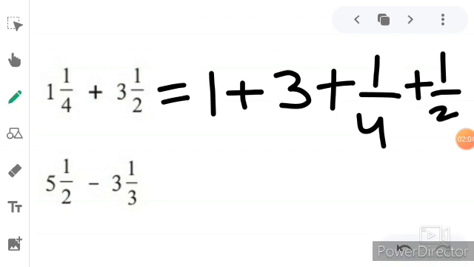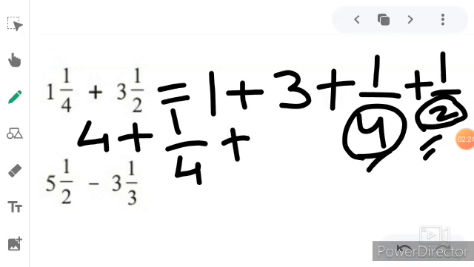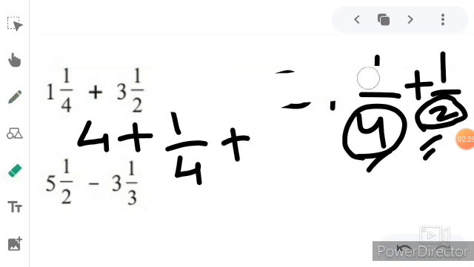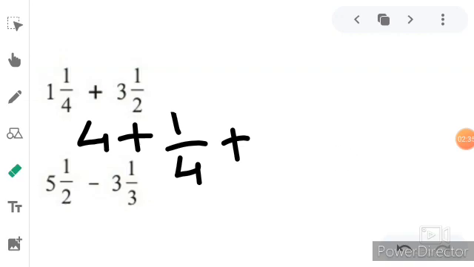Now students, here you can see that 1 plus 3 is equal to 4, so we can write 4 over here. Then 1 upon 4 plus 1 upon 2. We will have to convert this 2 into 4, so we write 4 over here. 1 upon 4 as it is, plus, whenever we want to convert 2 into 4, we have to multiply that fraction by 2.